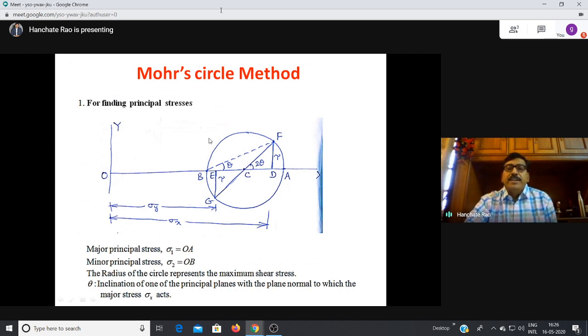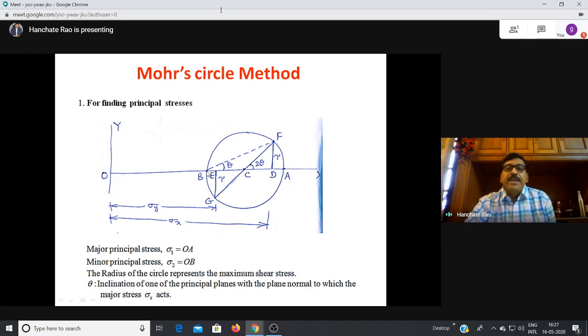Any point on the Mohr circle will have 2 coordinates, x coordinate as well as y coordinate. X coordinate will be normal stress and y coordinate will be tangential stress or the shear stress. So if you look at point A on the Mohr circle, it is on the x-axis. So at point A, there is only normal stress, there is no tangential stress. So that is why point A represents the principal plane.